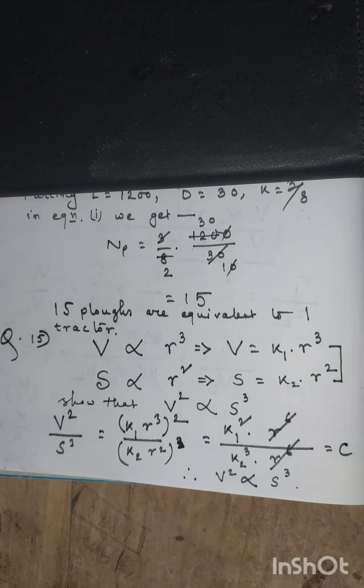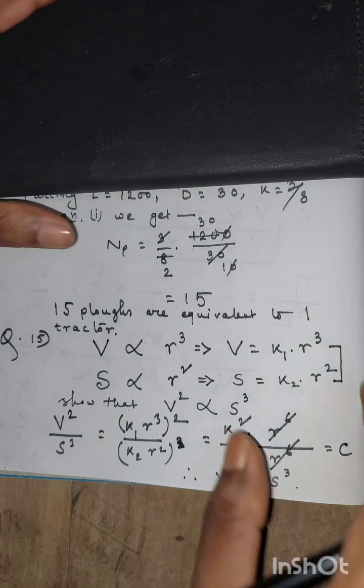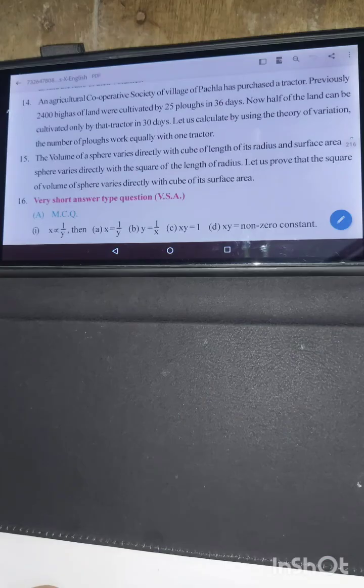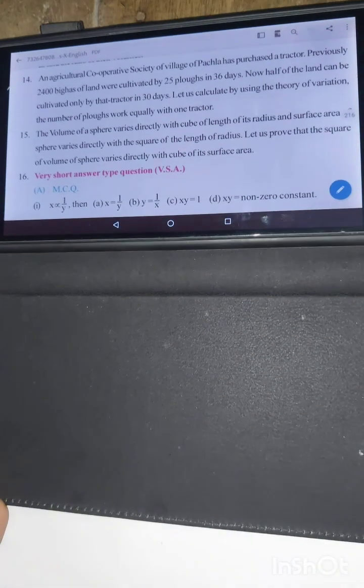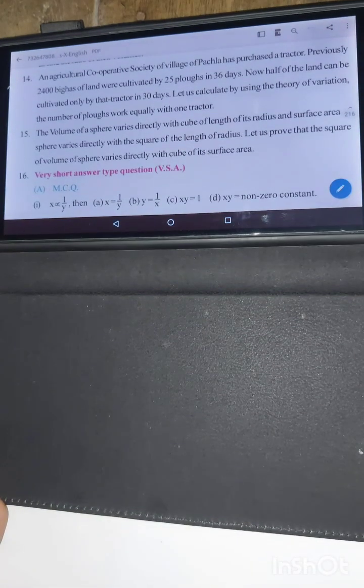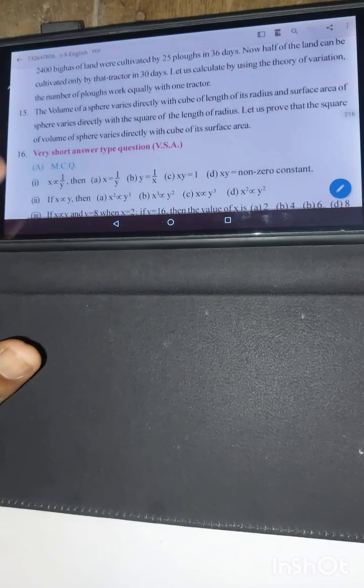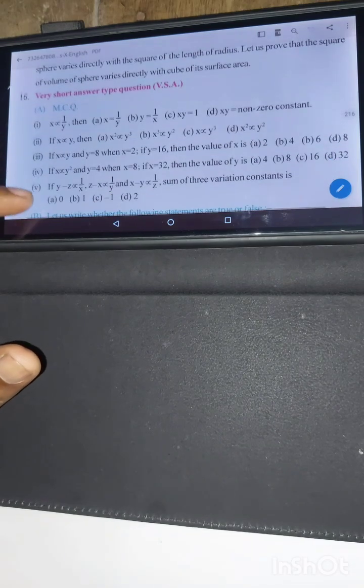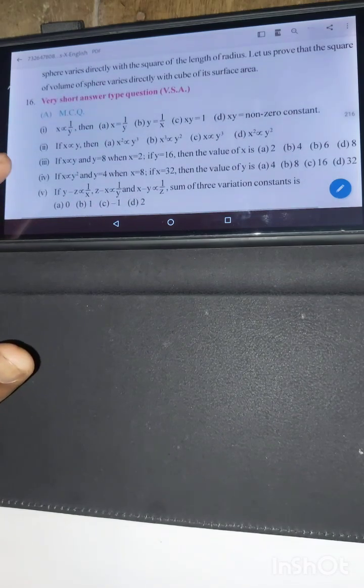Now friends, let us proceed to the next question, that is question number 16. Question number 16 is a very short answer type question. So let us do it. 16a, Roman 1.